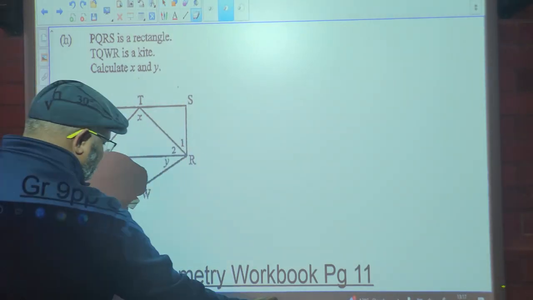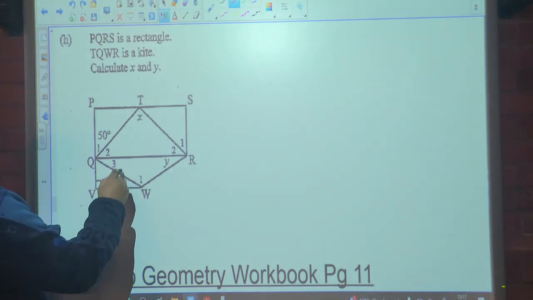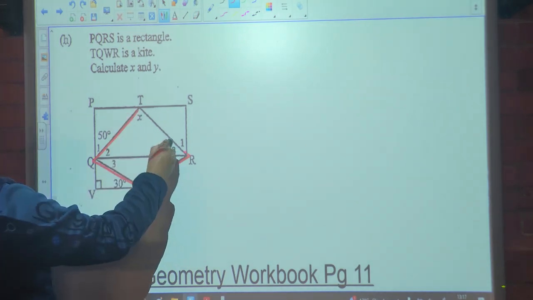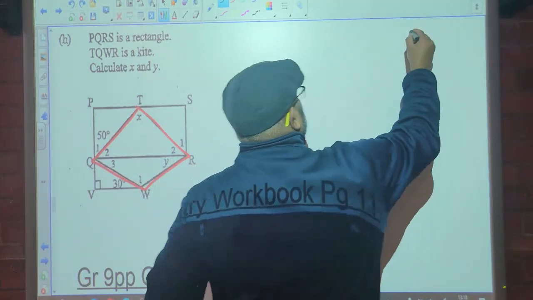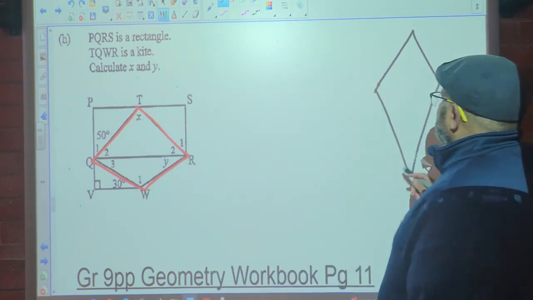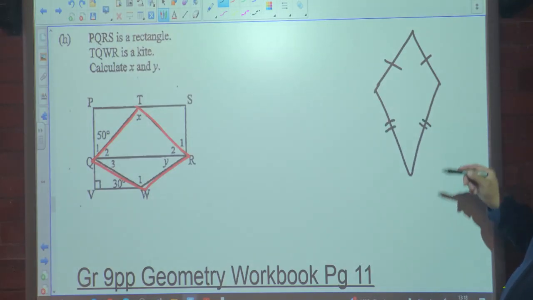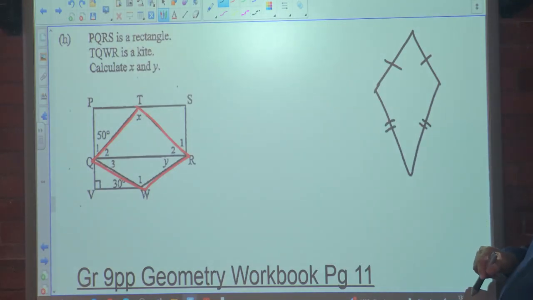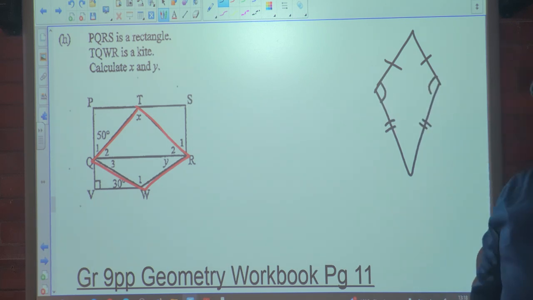Then we are told that TQWR is a kite. There are 5 properties of a kite. What are the 5 properties? 2 pairs of adjacent sides are equal. Another one? 1 pair of opposite angles are equal. That's 2. Another one?